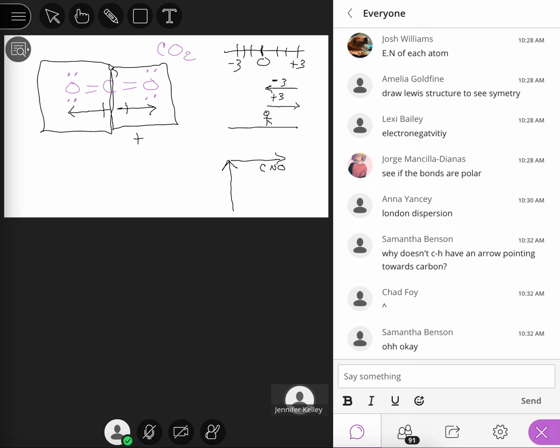So it's like adding +x and -x, and they just cancel each other out to be 0. That means it's nonpolar. But it does have polar bonds. So it's possible to have a molecule that has polar bonds, but not be a polar molecule. Does that make sense?